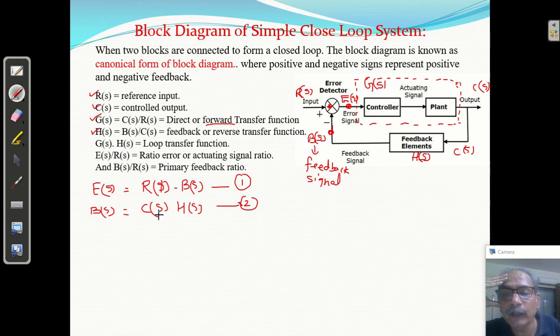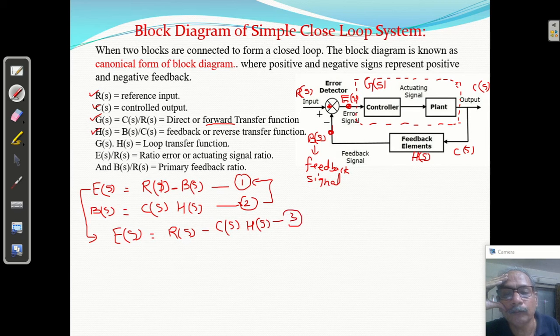Now this B of S value we will put here, we will put the value of 2 in 1. So what is the value of E of S? E of S equals R of S minus B of S. What is B of S? C of S into H of S. That is equation number 3.